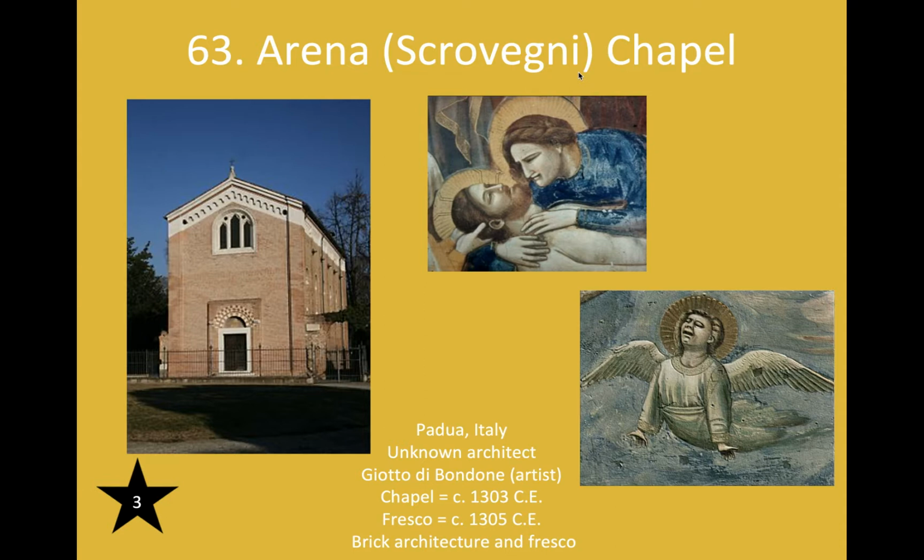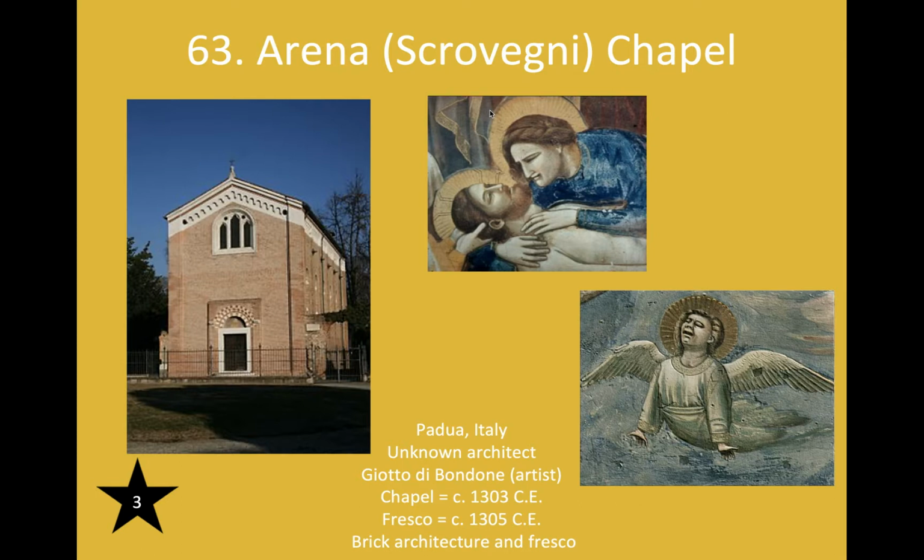Well, it's called the Arena Chapel because it was built right next to a Roman arena for sport. That Roman arena is not there anymore, but that's how it originally got its name. It is also called the Scrovegni Chapel because it is a small private chapel that belonged to a very rich and important family, the Scrovegni family, that lived here in Padua.